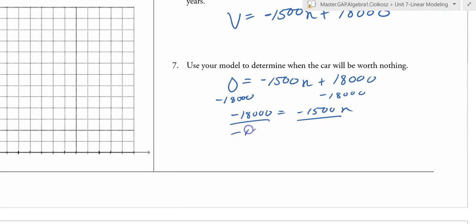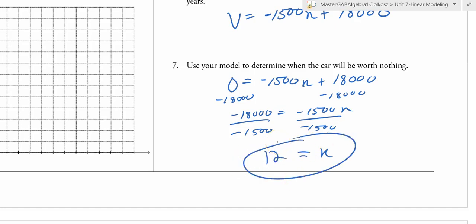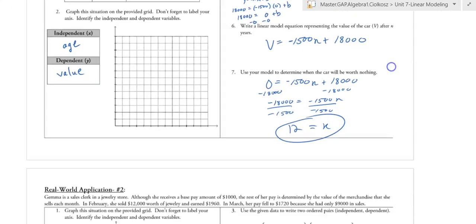Dividing at the end. So it looks like after about 12 years, that car is going to be worth nothing.